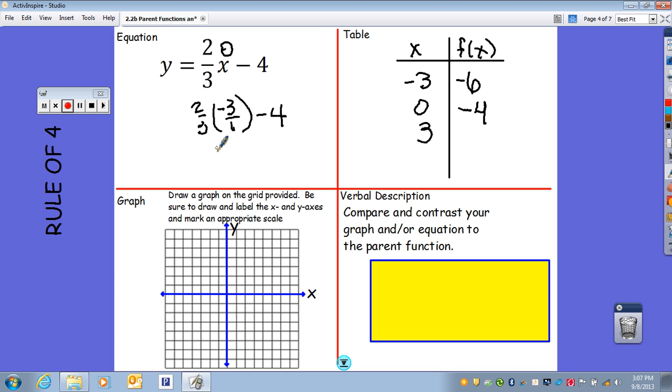And then when I plug in a +3, I'll have 2/3 times 3 over 1, which gives me 6 over 3 or the value 2, and 2 minus 4 is going to give me a negative 2. So let's graph. I have (-3, -6). I have (0, -4). And I have (3, -2).